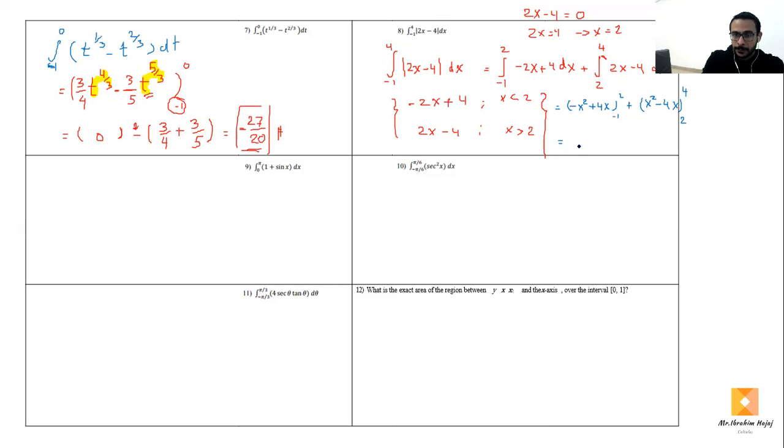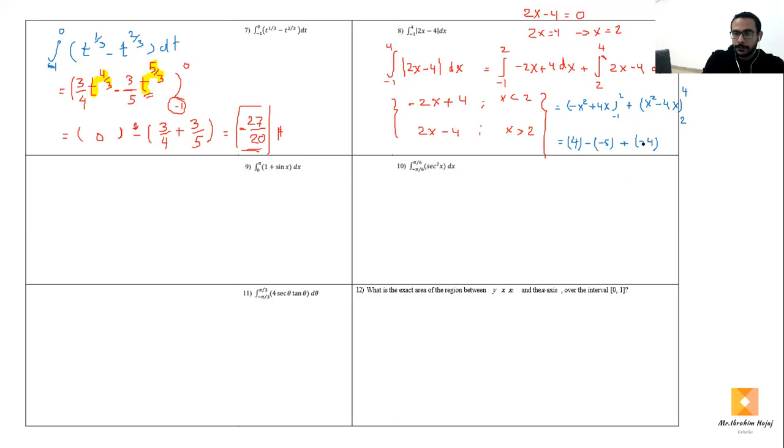So that's 4 minus 8, which is negative 4.